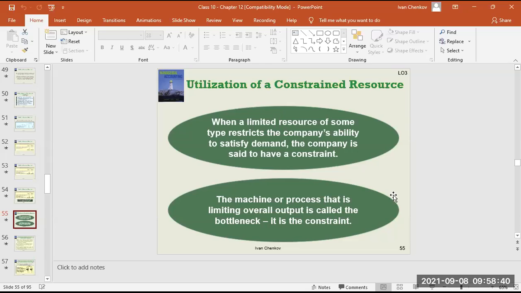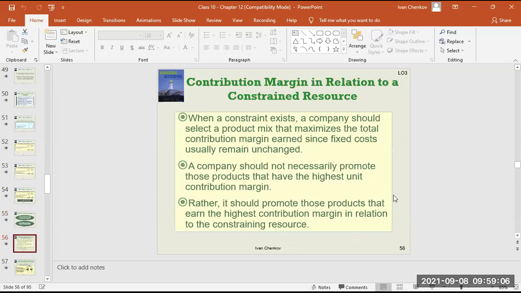Everything has limits. So you're always going to work with constraints. The question is how you can utilize the constraints. Now the machine or the process which limits overall output is called a bottleneck. A bottleneck is a constraint, something very tiny that everything has to go through.